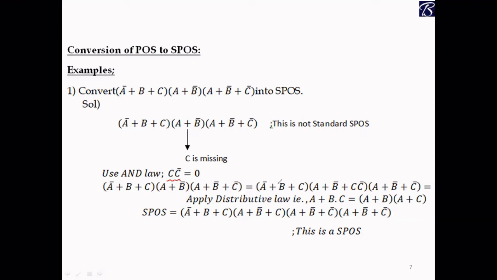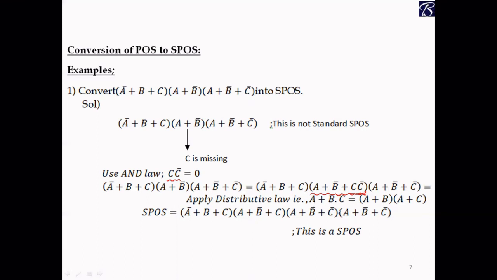So observe here, A plus B bar plus C bar we are adding. So now for this, apply the distributive law. A plus B bar plus C into A plus B bar plus C bar. This C bar is distributed over A plus B bar.